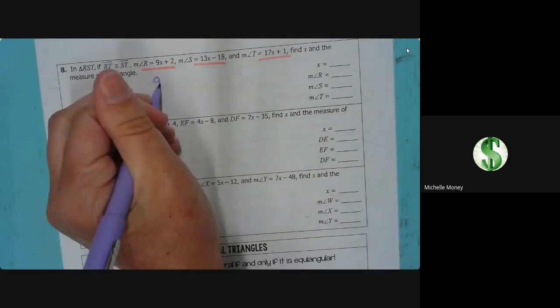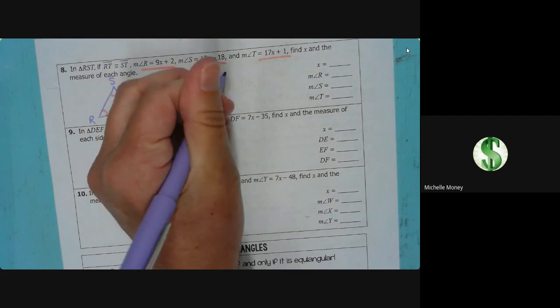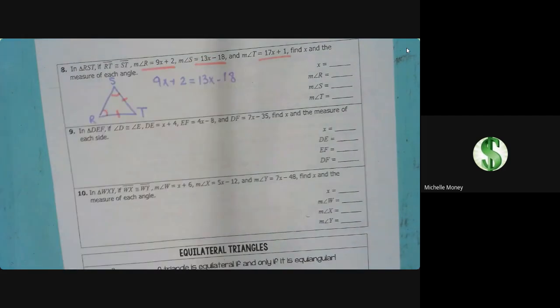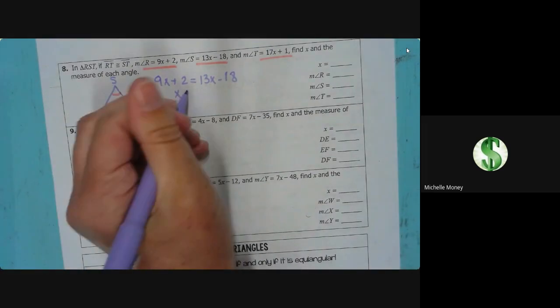So this one's going to require just a little bit of work. First thing we're going to do is set R equal to S. 9x plus 2 is equal to 13x minus 18. If we solve that quickly, we get x equals 5.